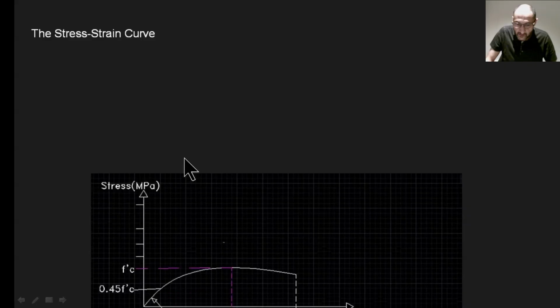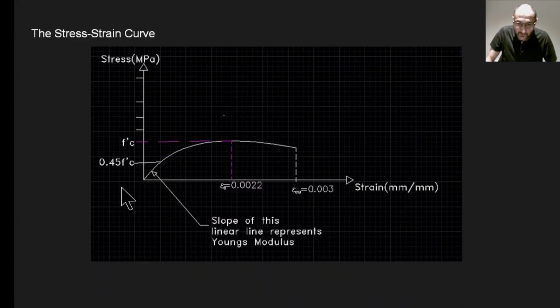Two values we need to keep in mind with this stress strain curve. On the horizontal axis, epsilon sub c, which is approximately 0.002 to about 0.0025. And this is the concrete strain at peak compressive stress, F-C.